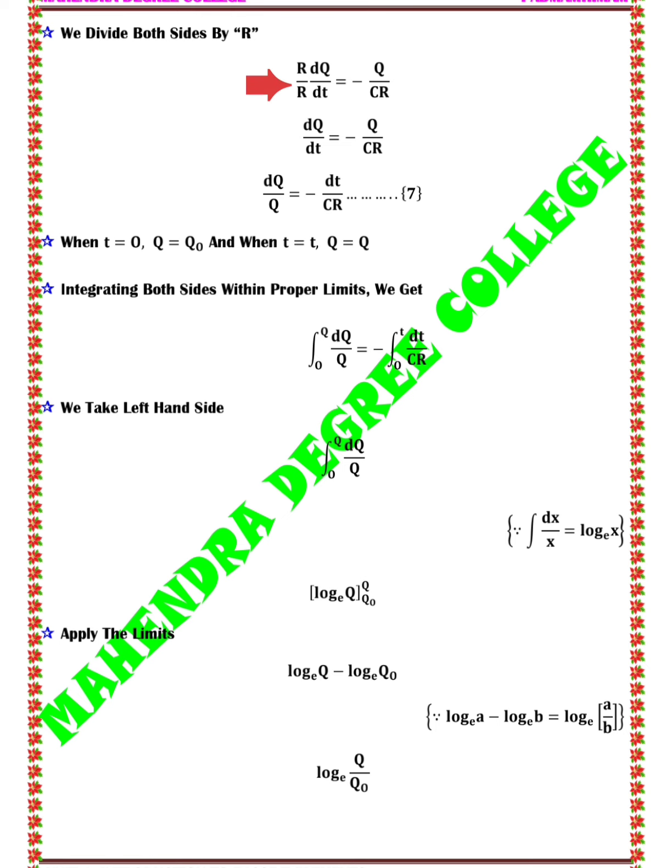So, R by R dq by dt equals minus q by CR. On the left hand side, numerator R and denominator R cancelled. We get dq by dt equals minus q by CR.